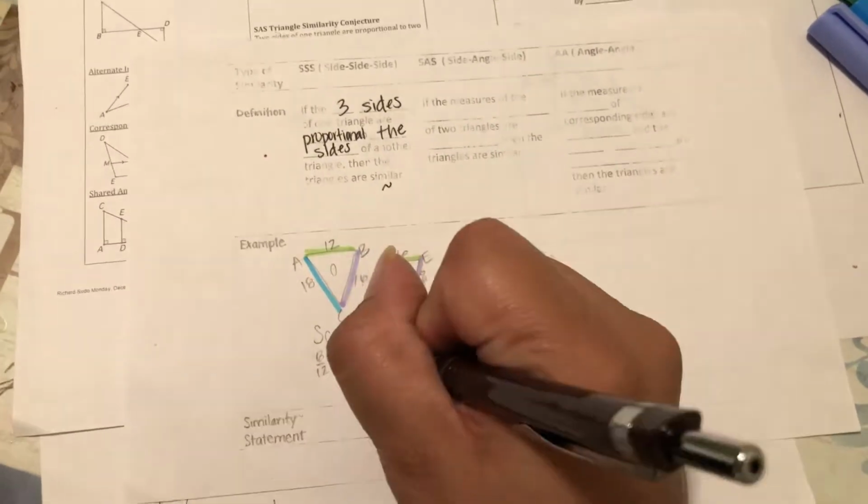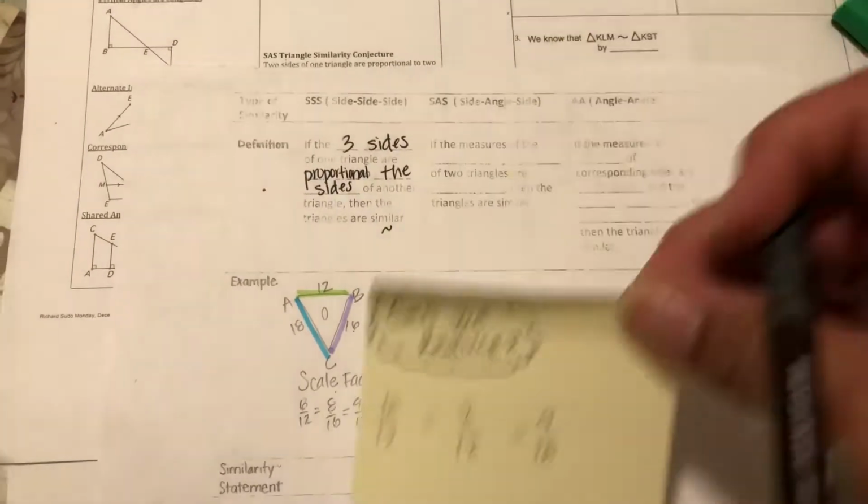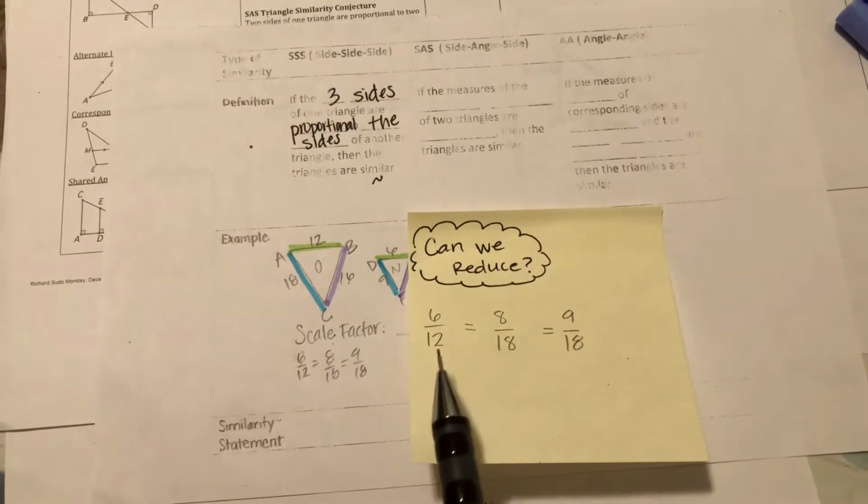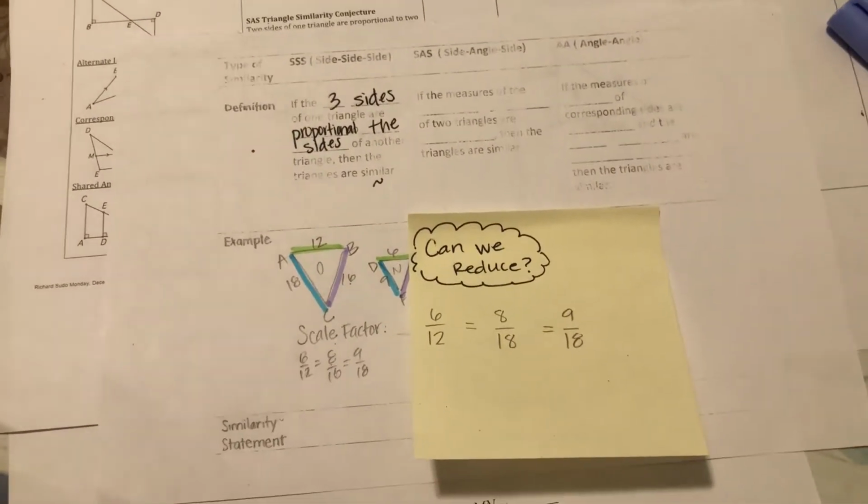And 9 over 18. Now again, those numbers are not the same, but I can reduce, right? So I have my handy dandy sticky notes here. Can we reduce? That's something you should ask yourself, and in this case, we can.